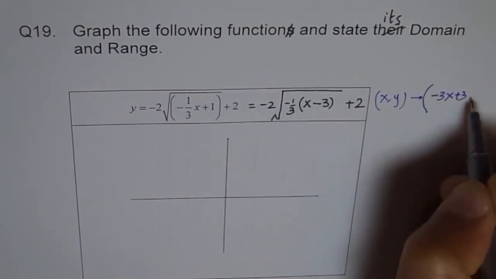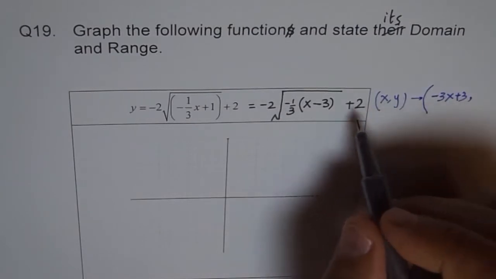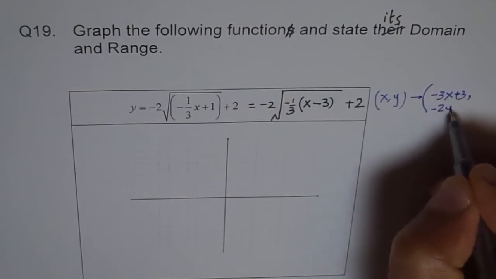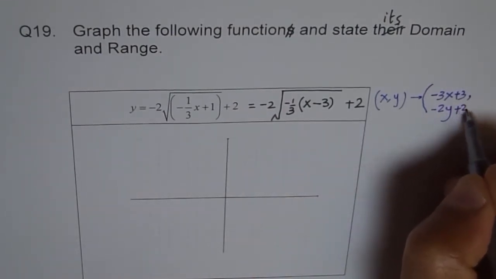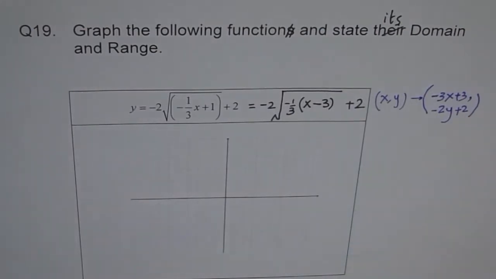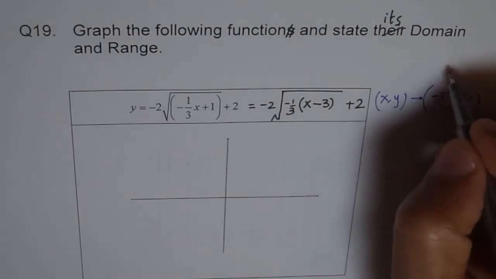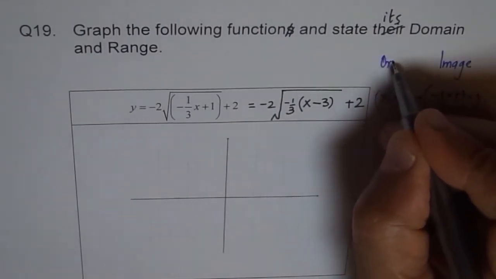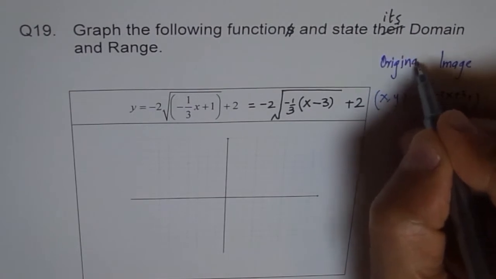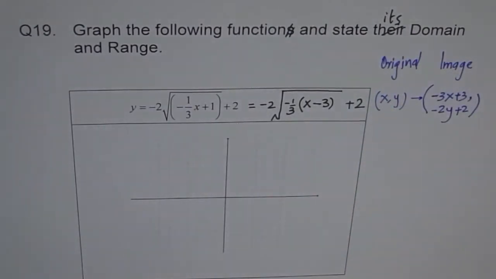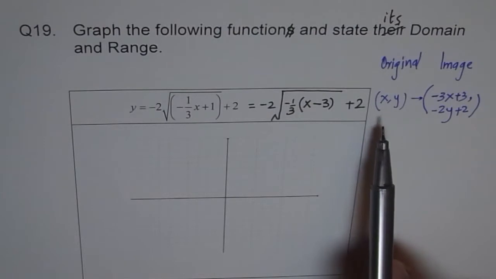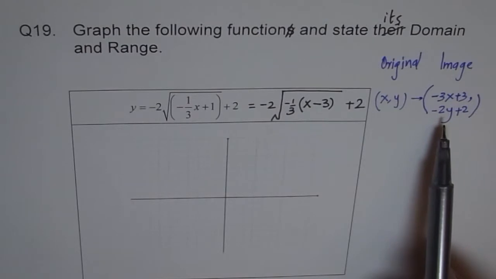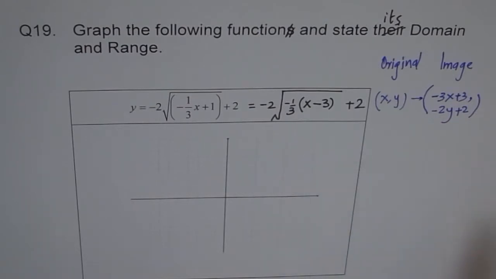These are your x points. And the y points will be minus 2y plus 2. So these are our transform points, we call them image points, and these are original points. You can always take some original points which are our key points and transform them to the new location, connect them, and get your answer.